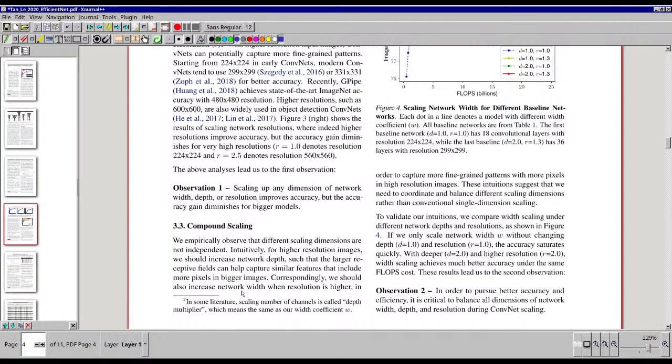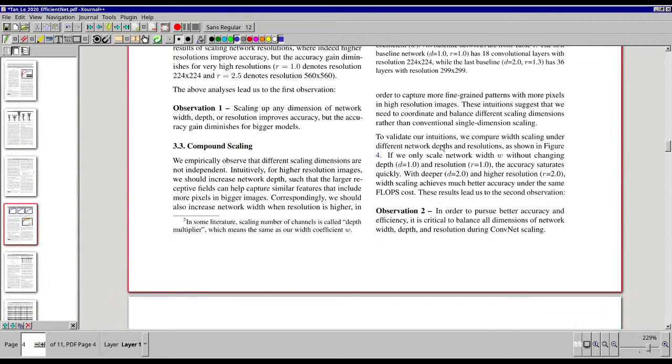Correspondingly, we should also increase network width when the resolution is higher, in order to capture more fine-grained patterns with more pixels in high-resolution images. These intuitions suggest that we need to coordinate and balance different scaling dimensions rather than conventional single-dimension scaling.